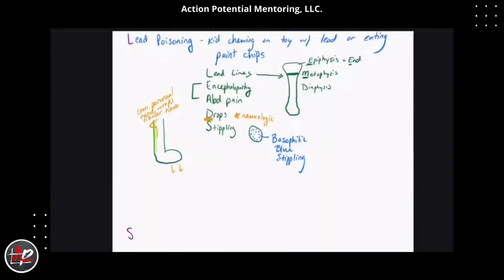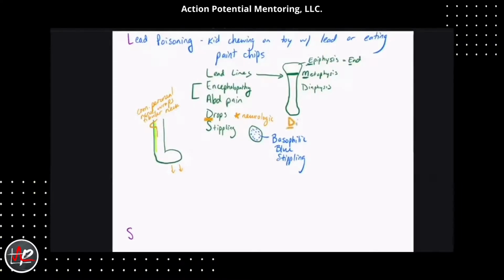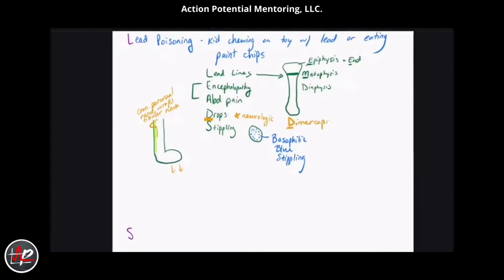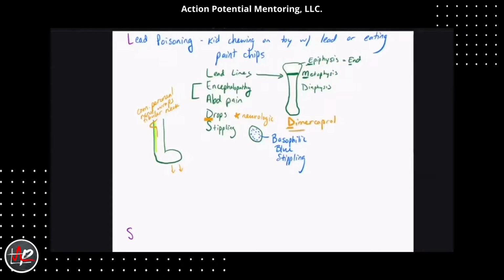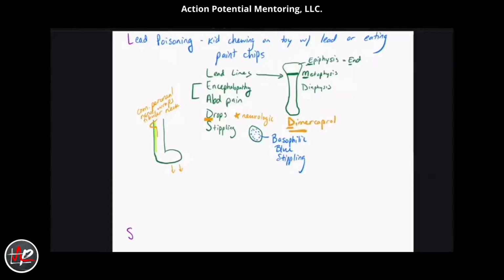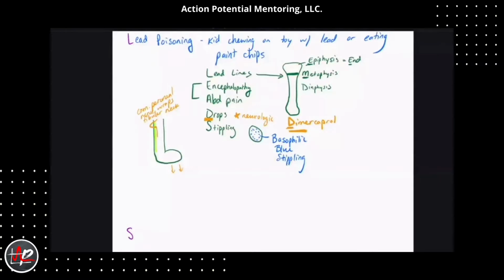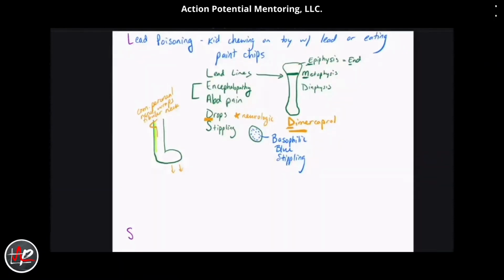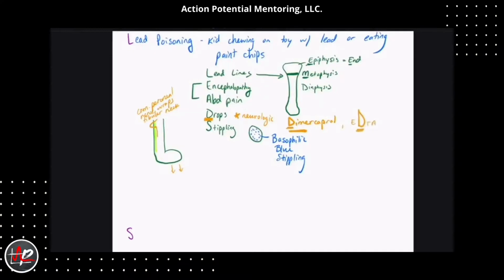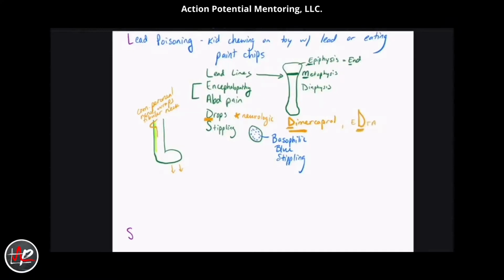The D stands for drops, and it also stands for the treatment. D for dimercaprol. How I remember this is I think dimes are made of lead, which they're probably not at all, but that's how I remember it. The D in lead stands for dimercaprol. Something else you can use is EDTA, which is another treatment.